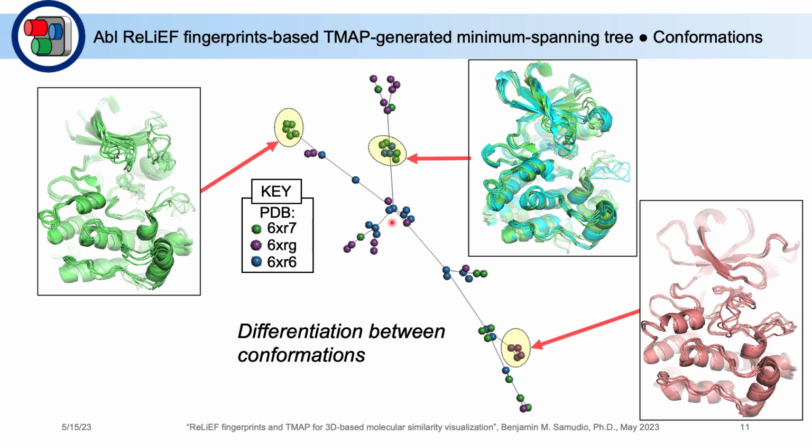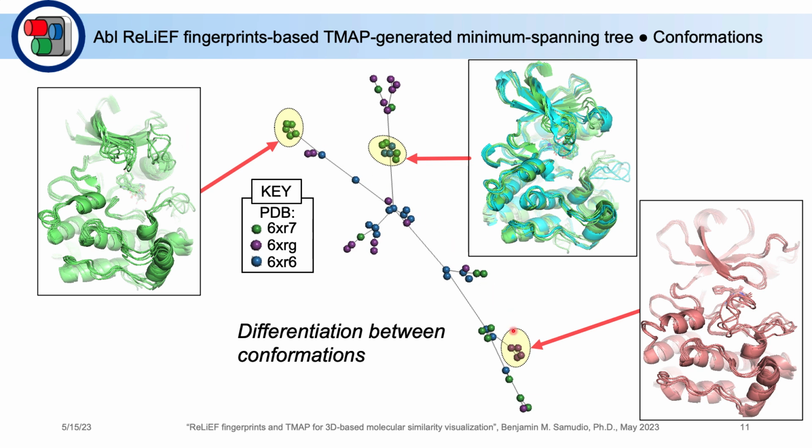So when I look at the different clusters that are represented in this TMAP, again, recalling that clusters are going to be those structures which are similar to each other. Here in this cluster at the upper left, 6XR7, again, that's the unique inactive structure. And when I align those structures together, they do seem to have very similar structure.